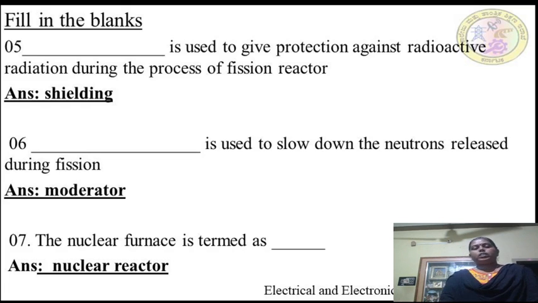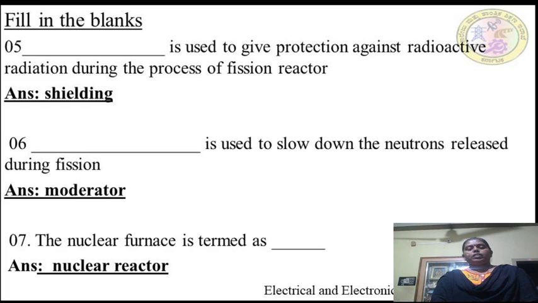As we already seen in the nuclear reactor, a shielding is provided to give the protection against radioactive radiation during the process of fission reactor. Answer is shielding.